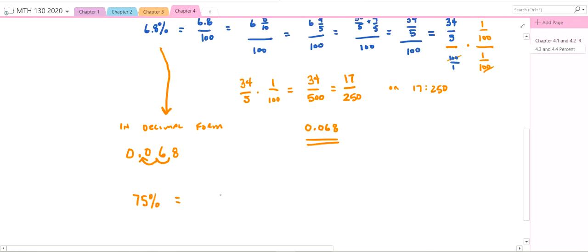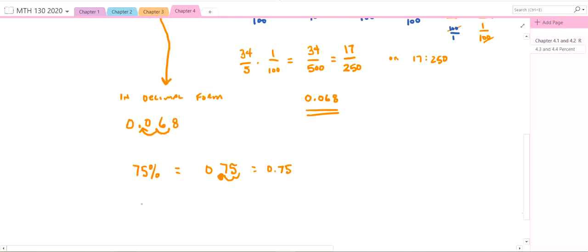75% is, just move the decimal place twice, 0.75. So on and so forth. 13.25%. Same deal. 0.1325.